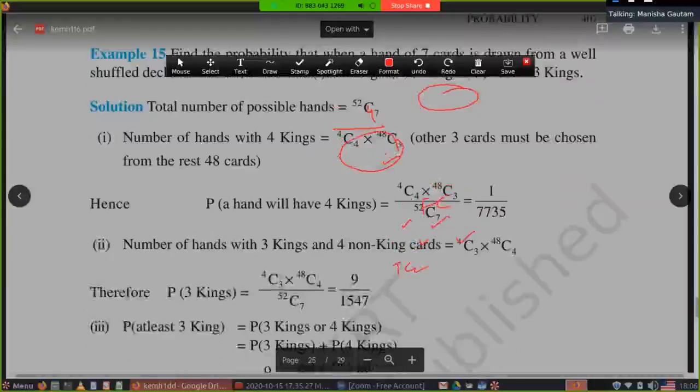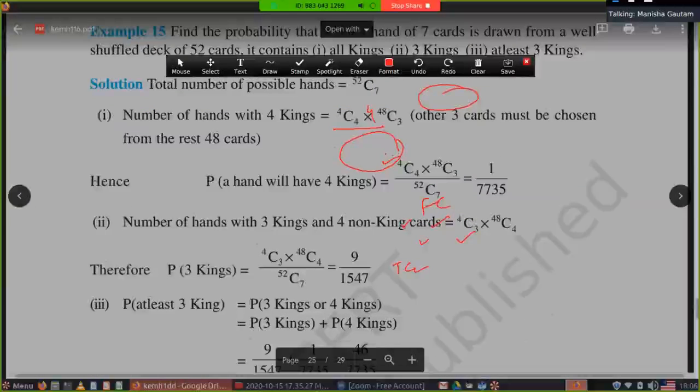When you have chosen only 3 kings, it means you have to take 3 kings out of 4, and the other 4 cards can be drawn from the 48, that is 48C4, and the total is 52C7. Simplify it. At least 3 kings.